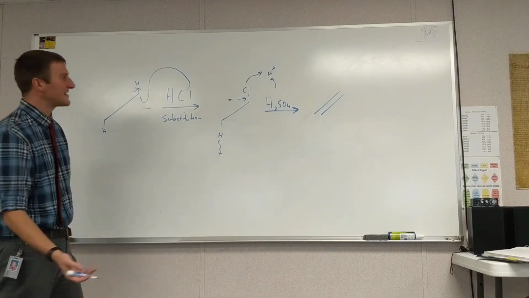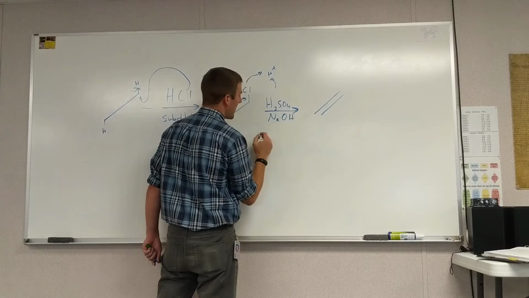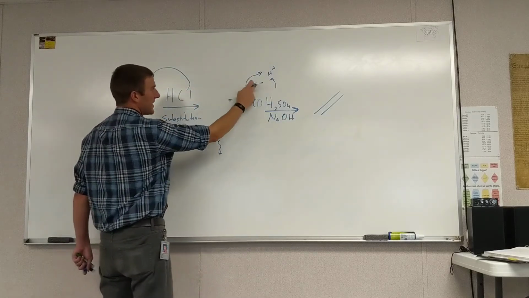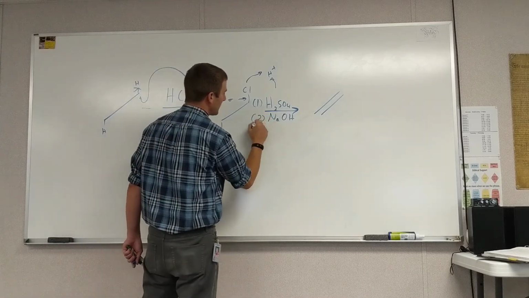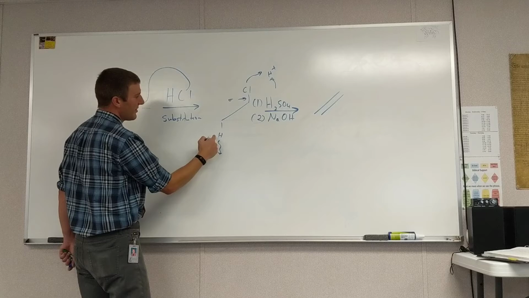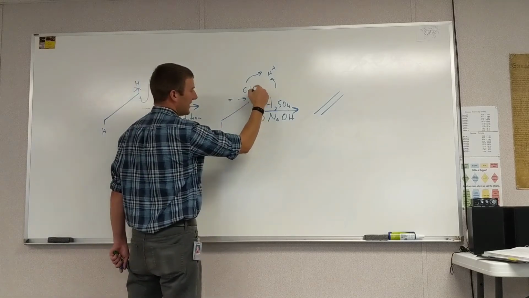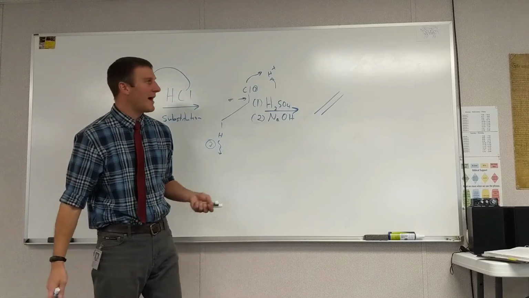If I were to react it with a base, like sodium hydroxide, so if I were to do the top scenario, this would get pulled off first, and then the hydrogen would get pulled off second. If I were to react it with sodium hydroxide, this would be pulled off first, and then this would leave second. But both would result in the production of an alkene.